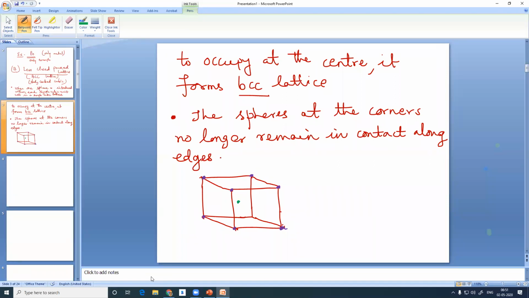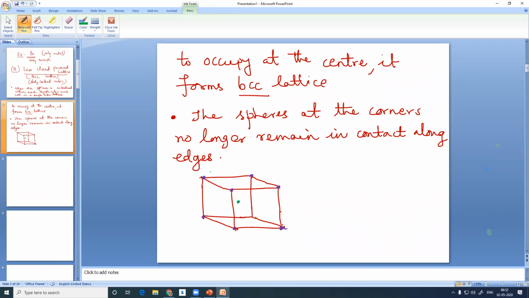Then you take many other spheres of the same size and introduce one sphere inside each cube, inside every simple cubic unit cell, to occupy the center.